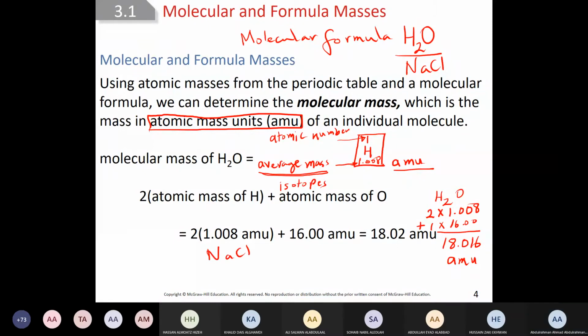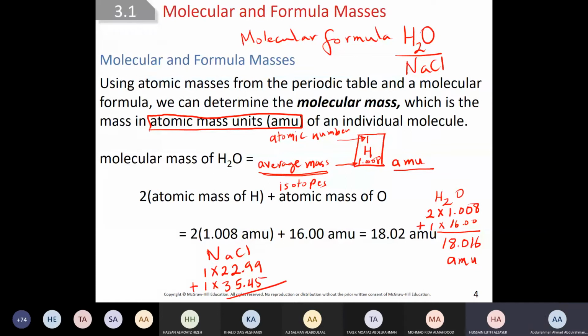All right. Now, let's do it for NaCl. Quickly. One times 22.99 plus 1 times 35.45.